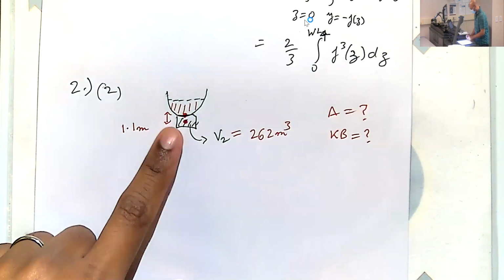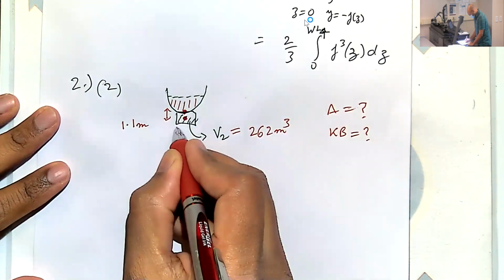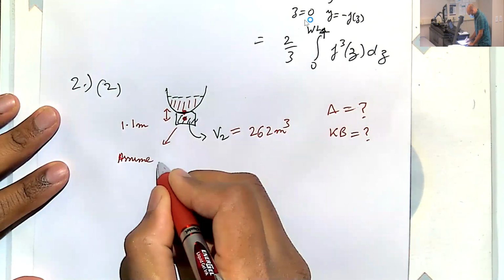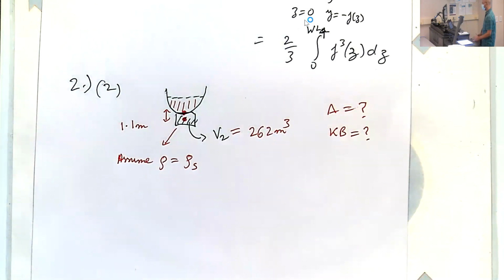Assume the density equals the density of salt water, so there's no change in buoyant force.